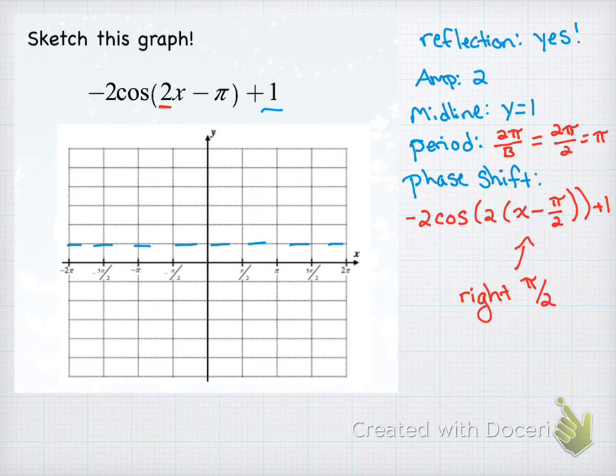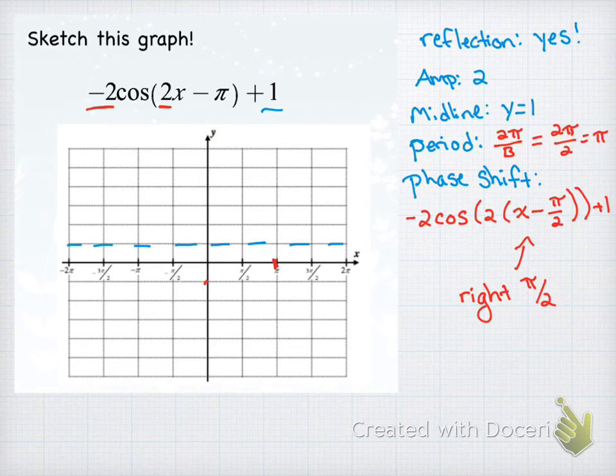And I know that cosine starts in this function 2 below the midline because there's a negative 2. So I'm going to pretend that there's no phase shift now, and I'm going to say that this starts 2 below the midline. And I'm just going to put a little helper dot there. Okay? Now, my period is pi, so it should finish up by pi units right here.